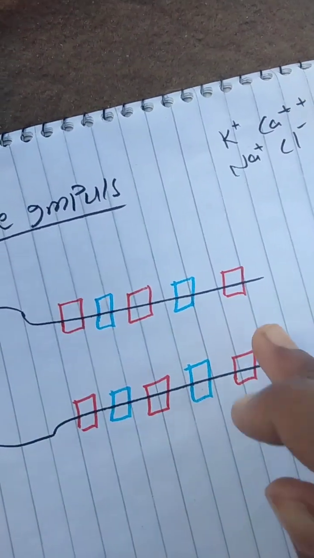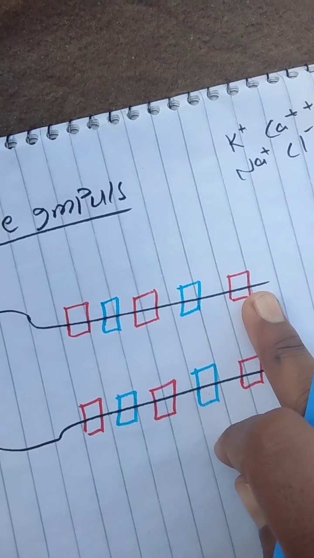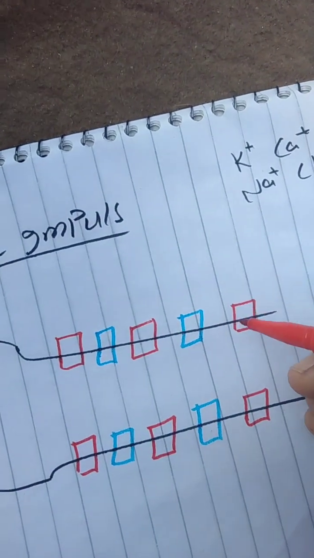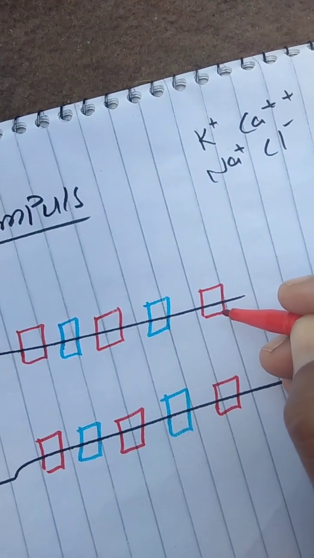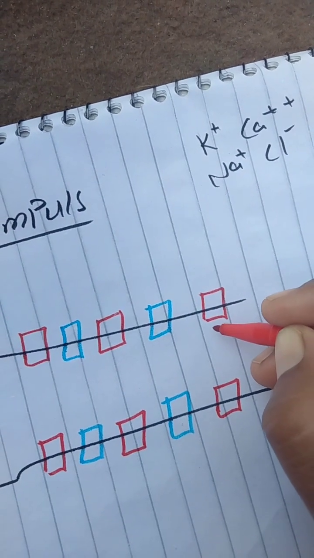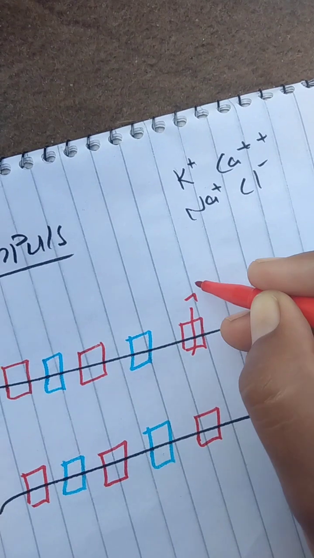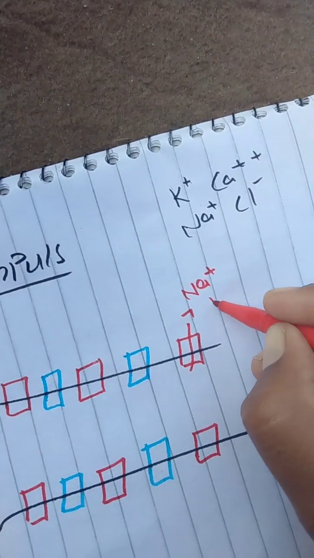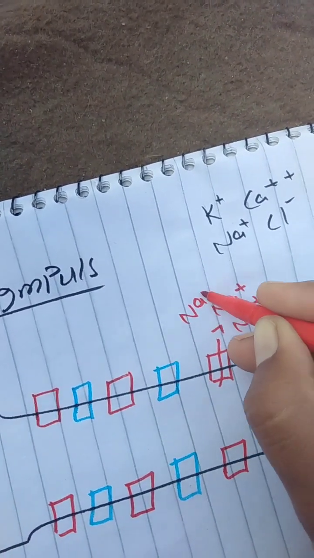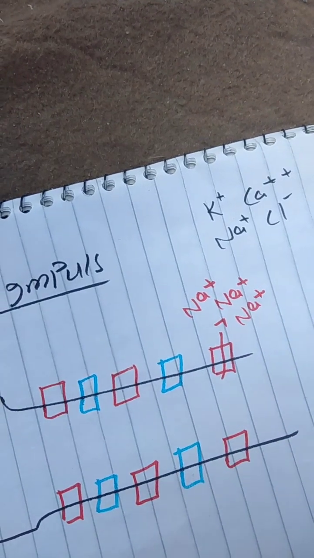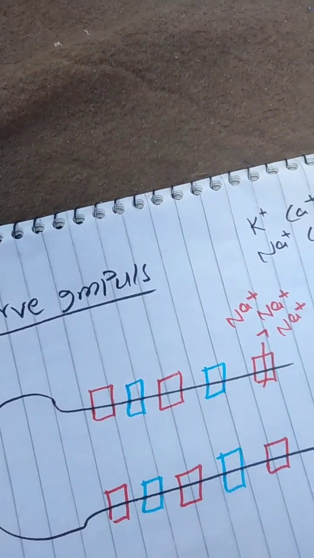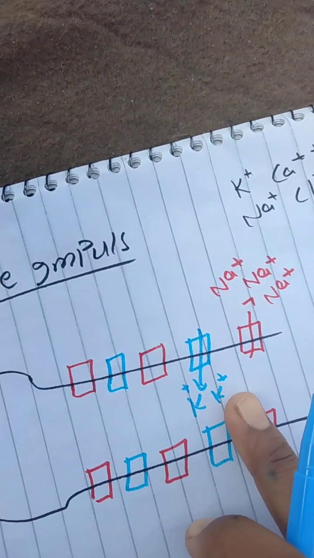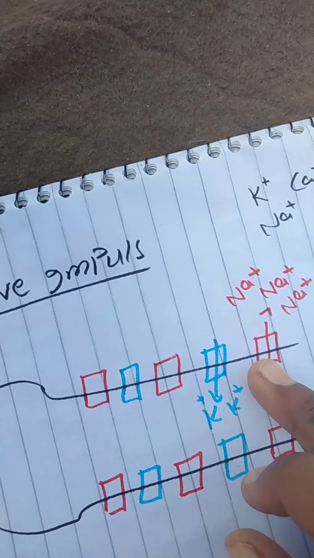See here, this is a sodium gate and this is a potassium gate. When the cell is in rest, the sodium gate is open, and more sodium comes out of the nerve cell. Three sodium ions come out of the nerve cell at one time, and two potassium ions, positive charged ions, come into the nerve cell.